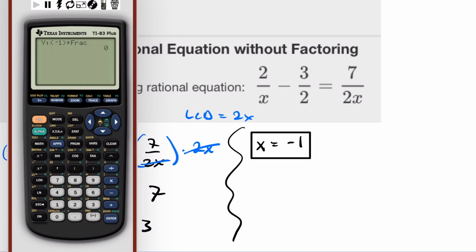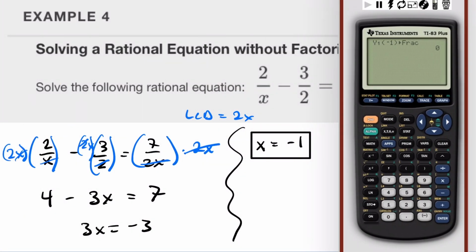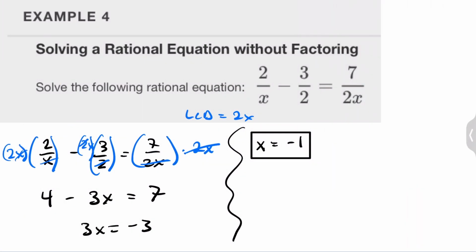That's about the best we can do here. If you plugged in when x is negative 1, negative 4 minus 3 is negative 2.